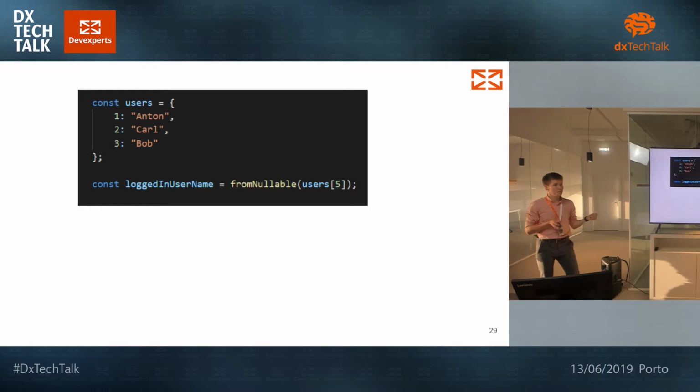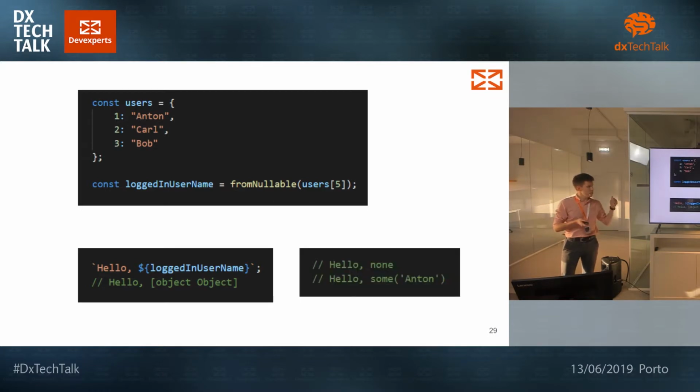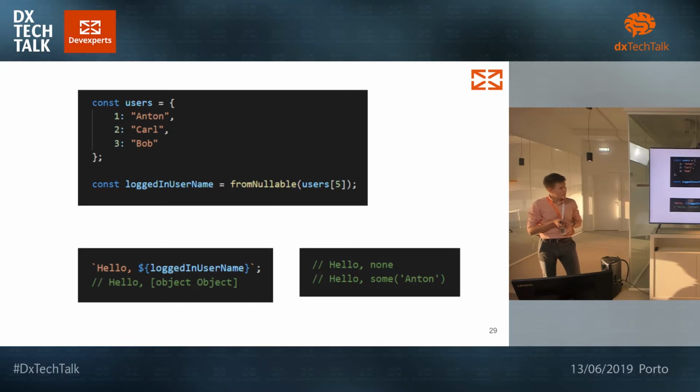And if we do that, in the same case, we will get a hello object instead of hello undefined. But the difference here is that we will have this hello object all the time, not only when we have nothing. So it's much easier to notice that something is wrong. Actually, in fp-ts, it's a bit different, because they have the toString method overloaded on their instances, but the idea is the same.